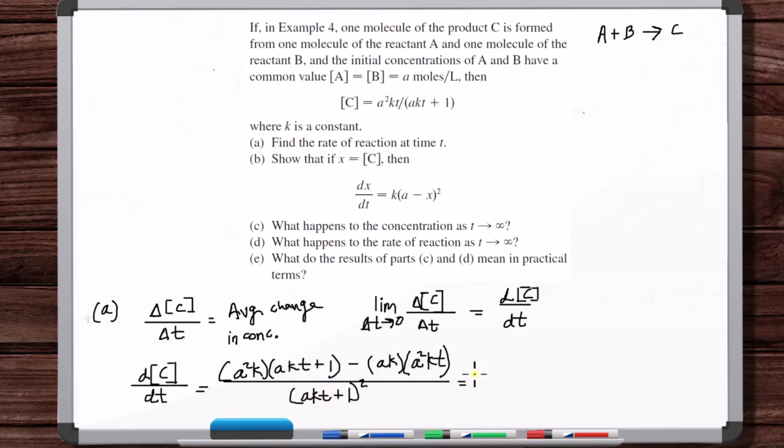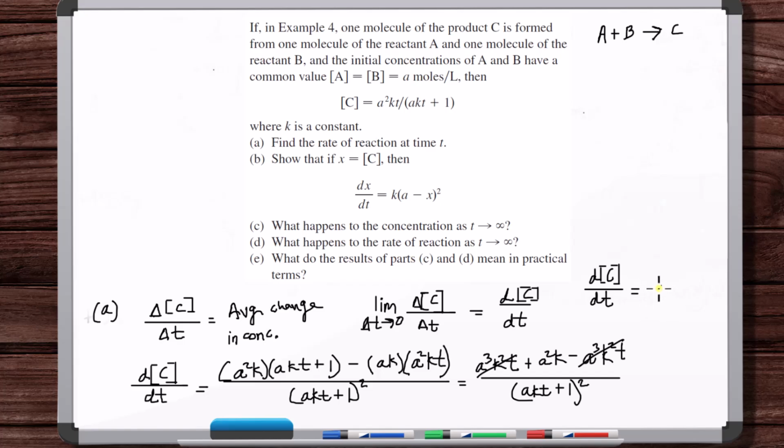Okay, let's simplify this. Okay, these a cubed k squared t terms subtract out. So we've got that. There we go.